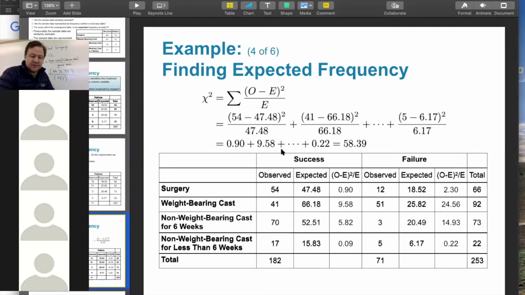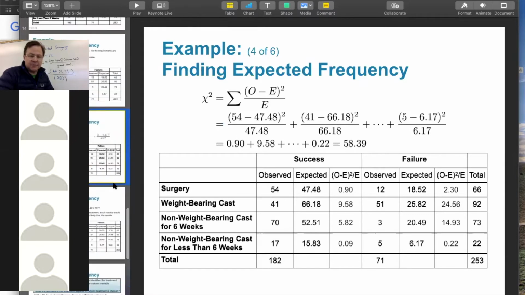Now, this step is actually pretty time consuming if you're doing it by hand. But what's happening here is, for each of the entries in the table, I'm comparing what was observed to what was expected. In the first case, we have 54 observed successful surgeries compared to the 47.48 expected successful surgeries. O minus E squared means you subtract those numbers and square the difference.